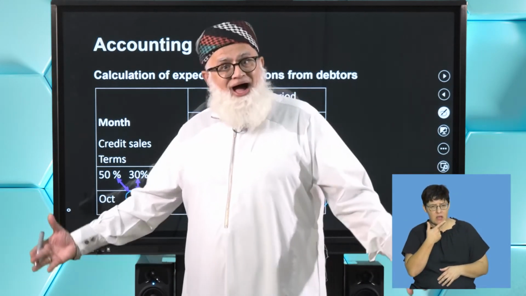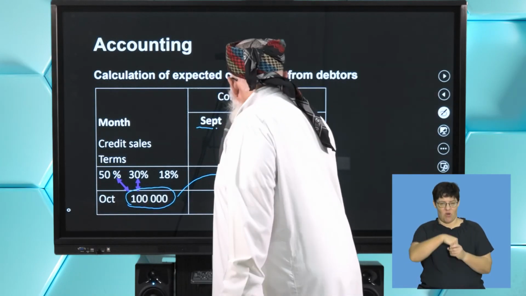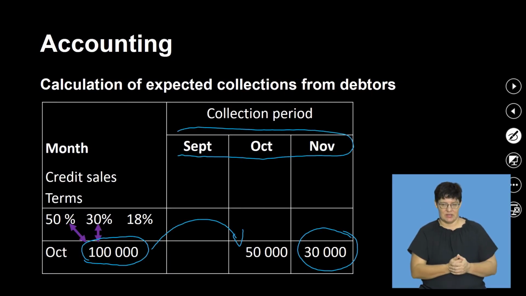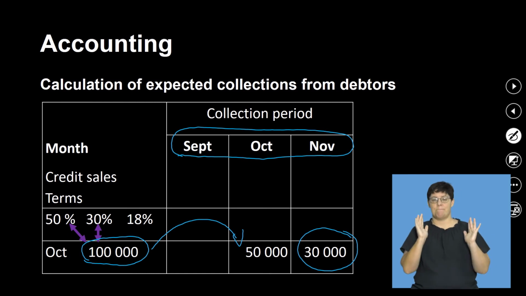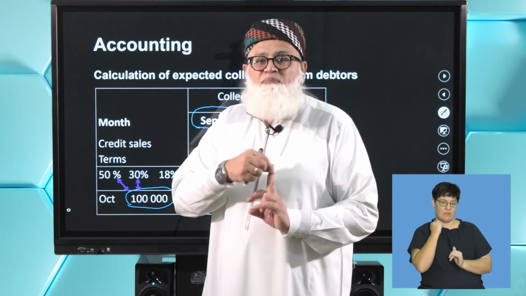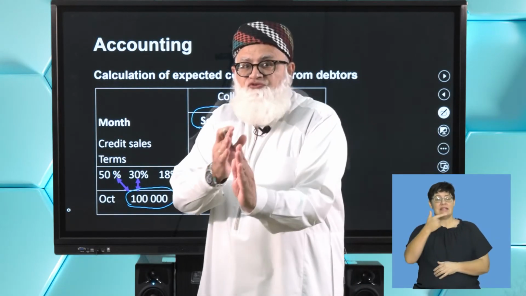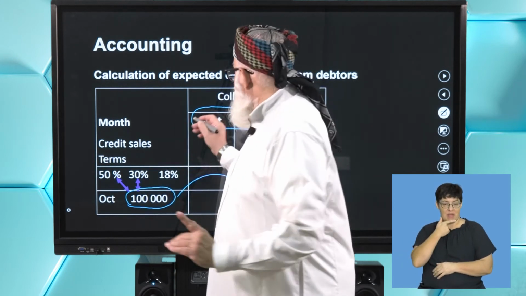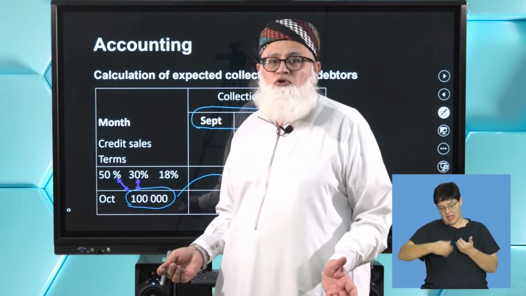Certainly not. Why? Because my budget period is September, October, and November. October is only impacting on my budget period in October and November, although the 18% will pay me in December. December falls outside my budget period, or the period that I'm calculating for.